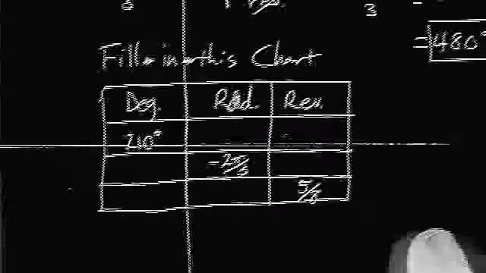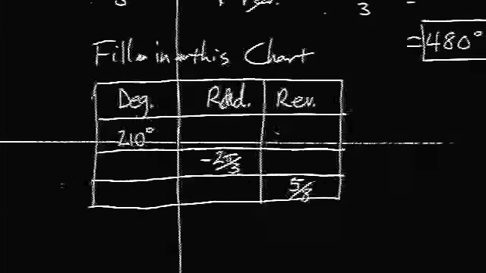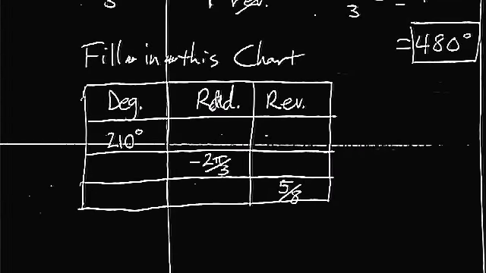I'm going to give you questions like this. Fill in this chart. I'll give you a degree measure and I expect you to change it to radians and revolutions. Or a radian and expect you to change it to degrees and revolutions. Or a revolution, you expect to change it to degrees and radians. If I were you, I would always start with the one I'm given so that I don't make a mistake on the first one and then carry it over to the second one.